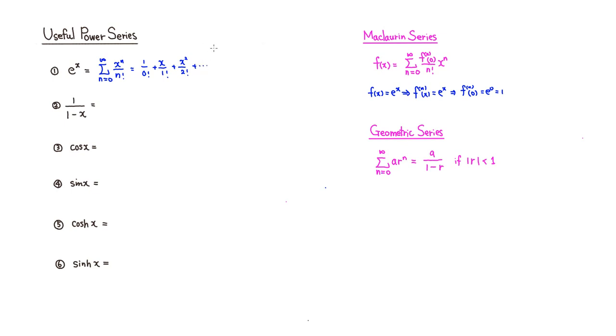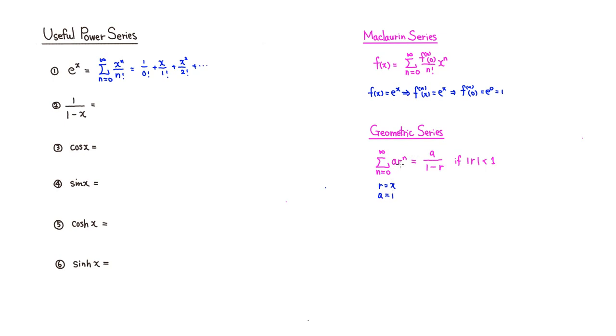Another one is 1 over 1 minus x. This comes from a geometric series. If you have a geometric series, summation n goes from 0 to infinity of a r to the n, the sum is a over 1 minus r, if the absolute value of r is less than 1. In this case we can match them up: r is equal to x and a is equal to 1.